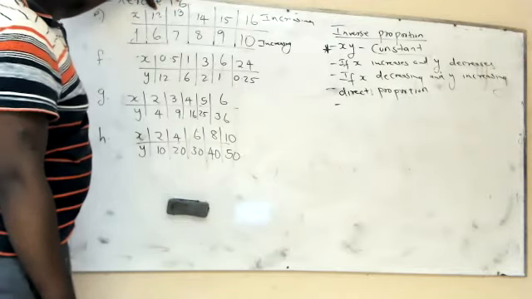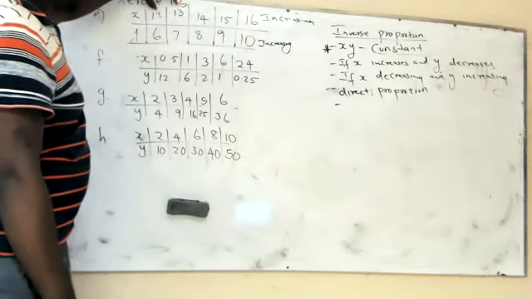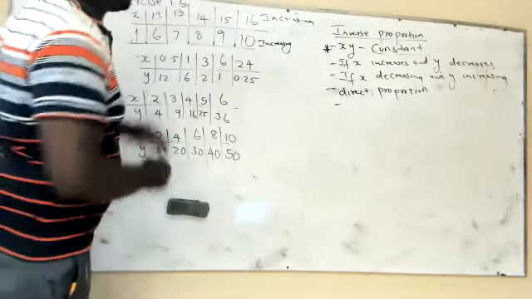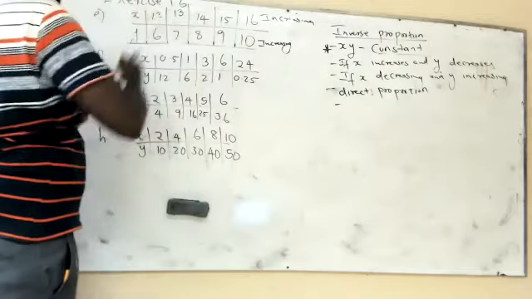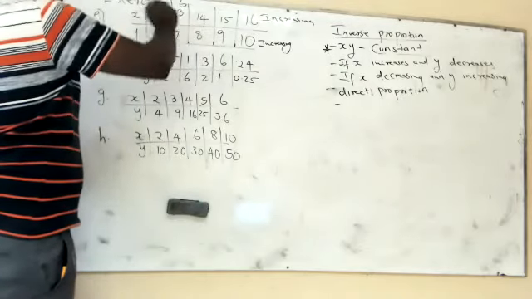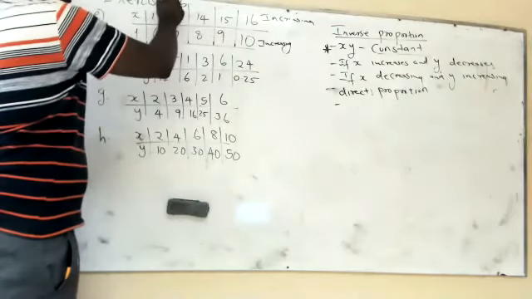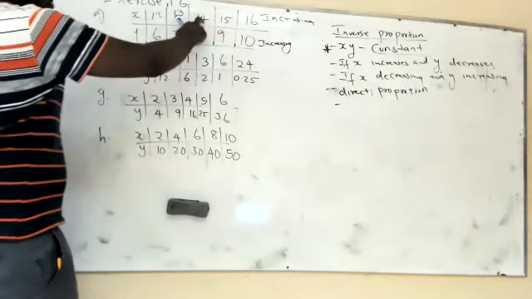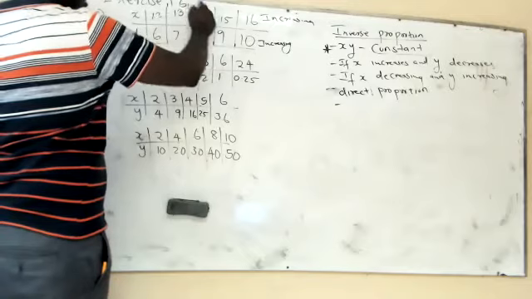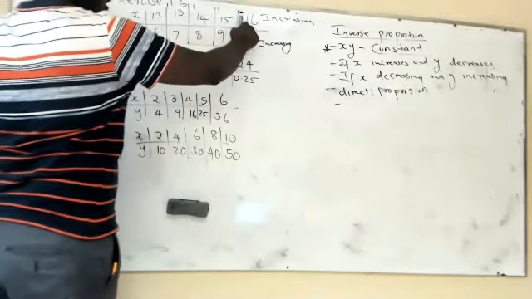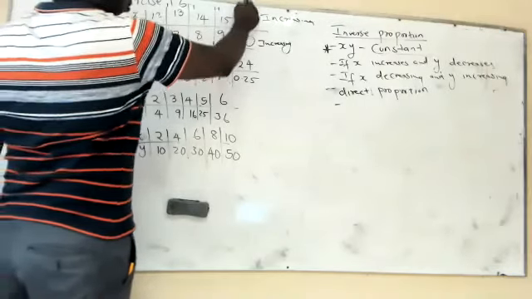What is 13 minus 12? It must give you the same number when you subtract the values for X and when you subtract the values for Y. Here, when we subtract 13 and 12, what do you get? 1. Same here with 14, if you subtract 14 and 13, you get 1. 15 and 14, you get 1. 16 and 15, you get 1.